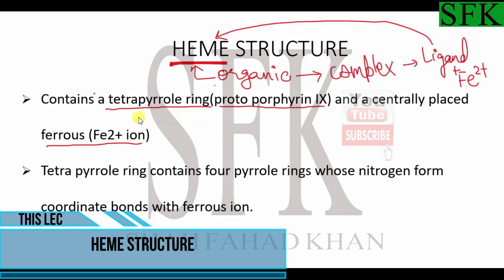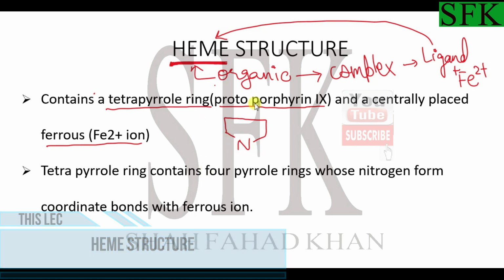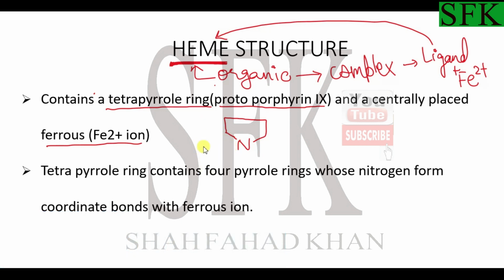Okay, what is a tetrapyrrole ring? We're going to talk about that now. First of all, let me tell you the structure of a pyrrole ring. A pyrrole ring is a cyclic structure which contains a nitrogen atom and four carbon atoms, with alternating double and single bonds.